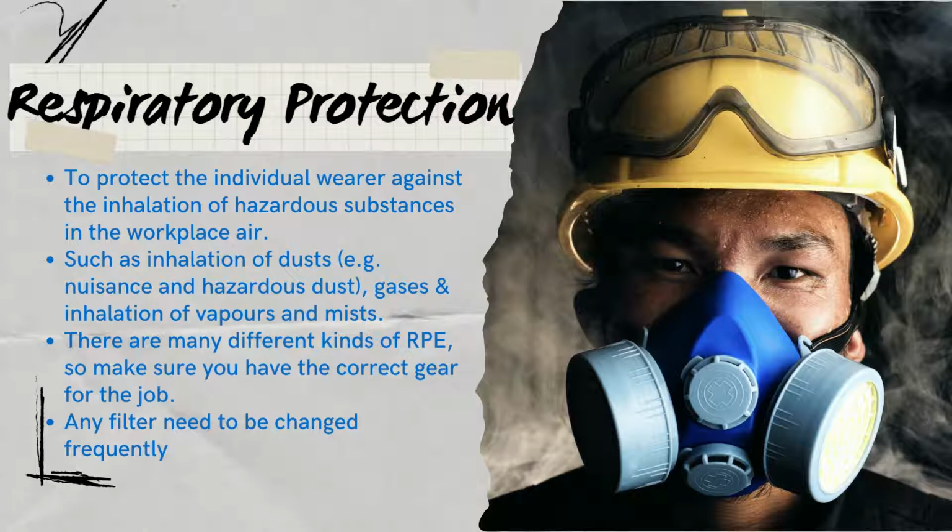Next, we have the respiratory protection. Respiratory protection protects the individual wearer against the inhalation of hazardous substances in workplace air, such as inhalation of dust, for example, nuisance and hazardous dust, gases, and inhalation of vapors and mist.